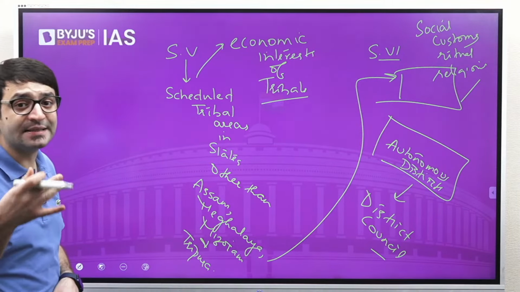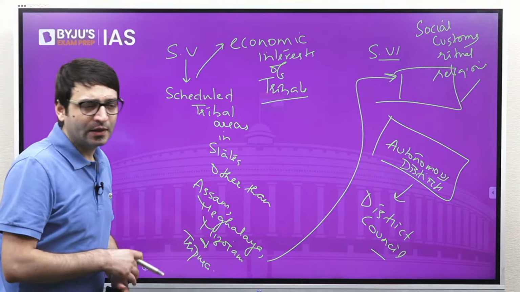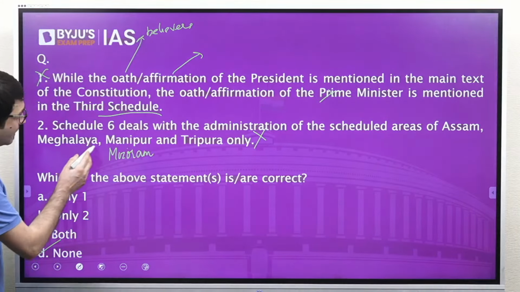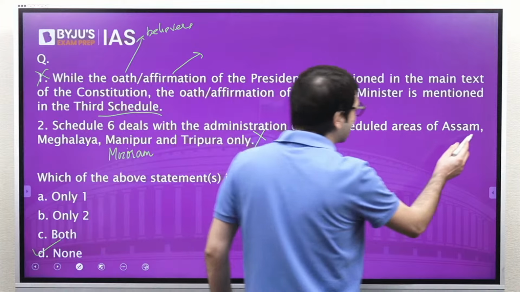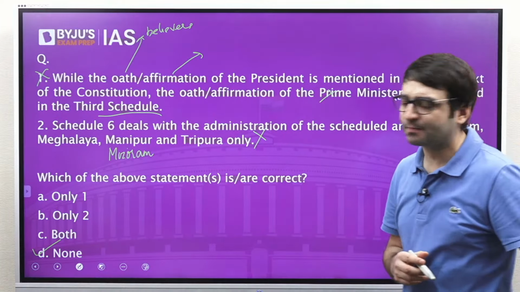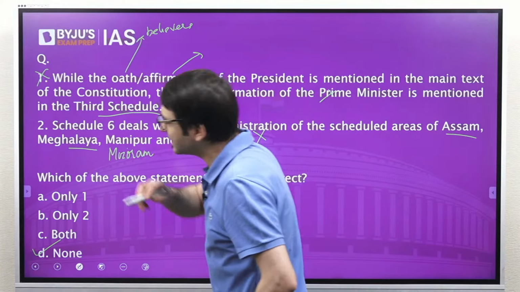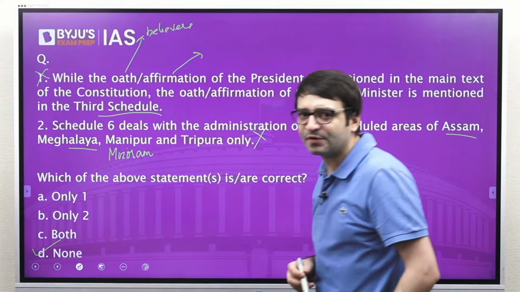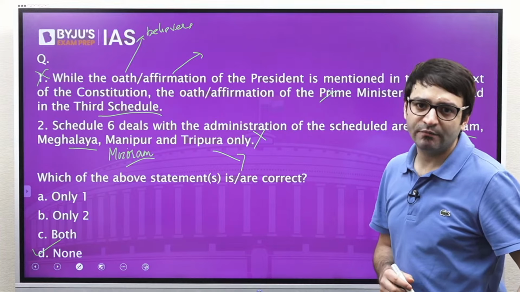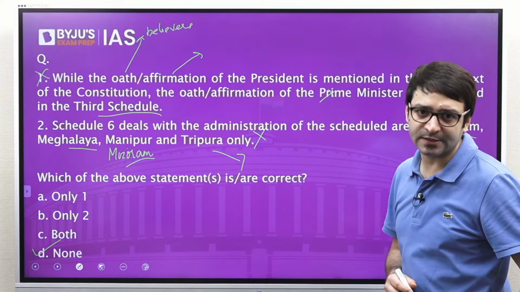And we have 10 such districts in India. We have 3 districts in Assam which come under Schedule 6, 3 districts in Meghalaya which come under Schedule 6, 3 in Mizoram, and 1 district in Tripura which comes under Schedule 6 areas.